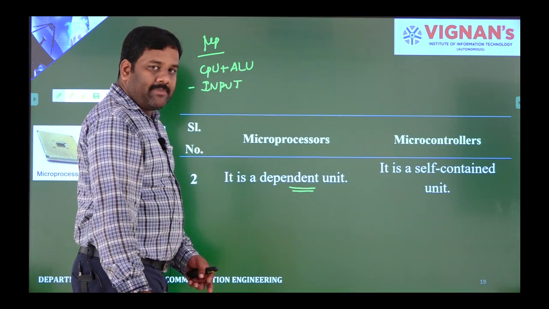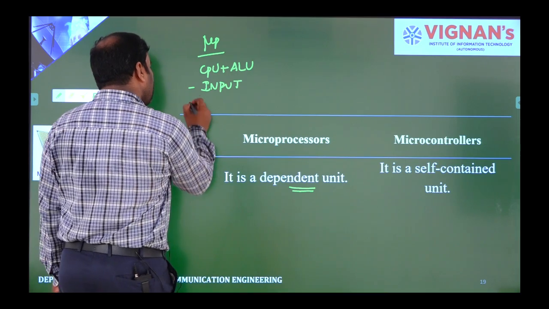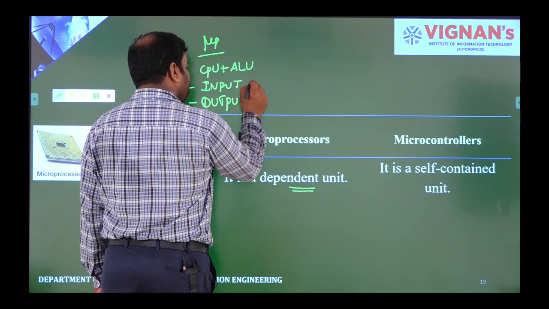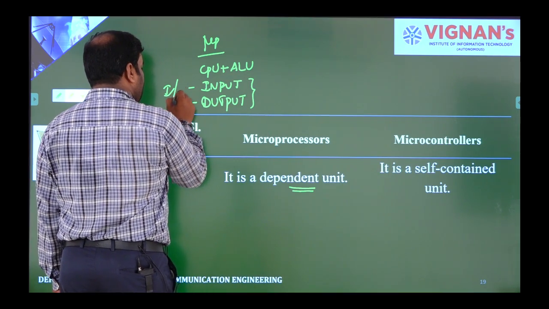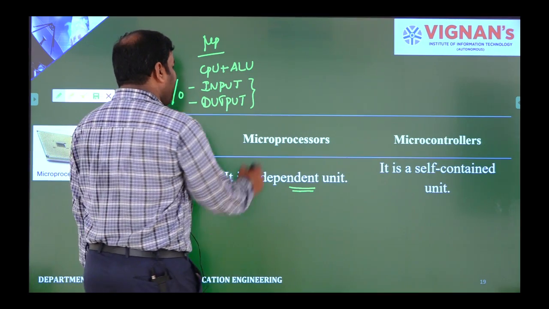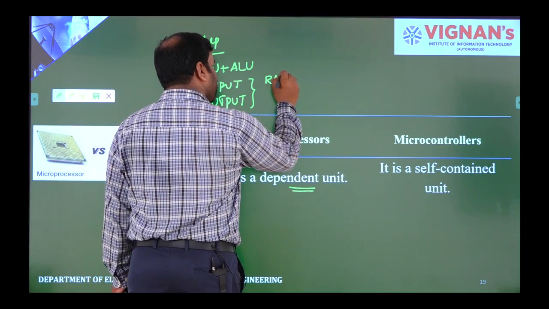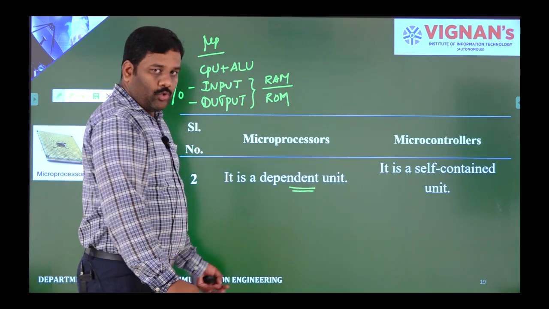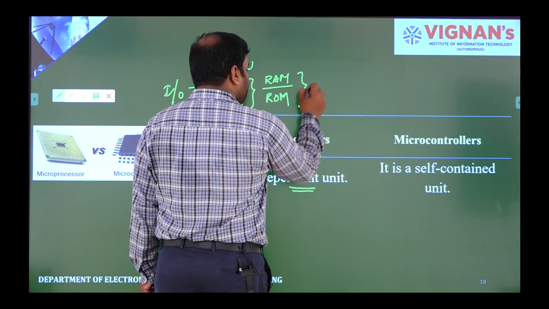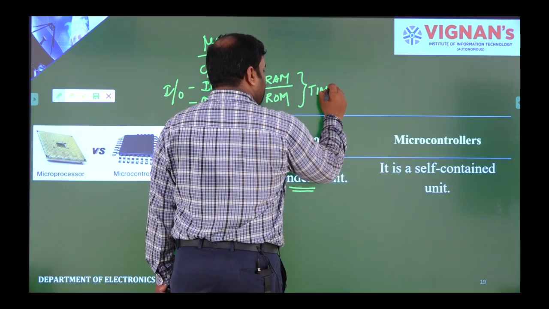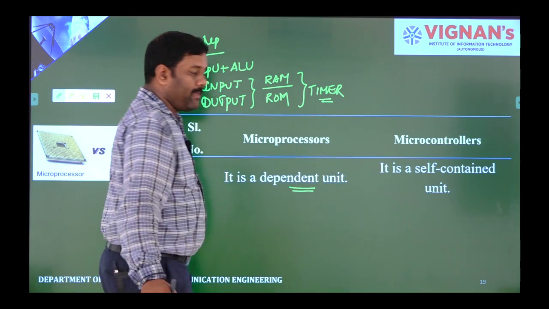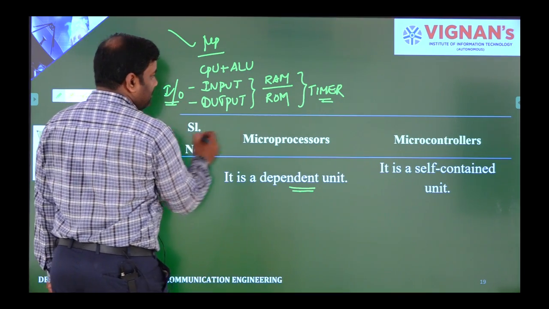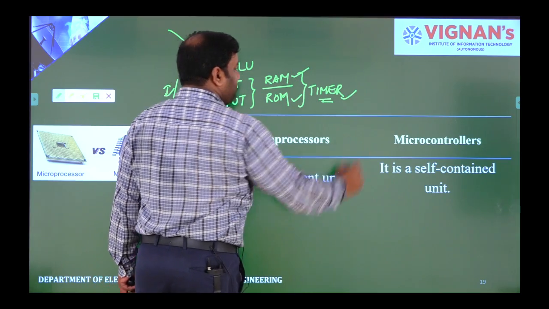At the same time, to display any output, it needs an output device. We commonly call them I/O devices. To perform the entire operation it needs the support of RAM, to store the program it needs ROM, and the entire operation is executed based on time slots, timers. So microprocessors need the support of I/O devices, RAM, ROM and timer.